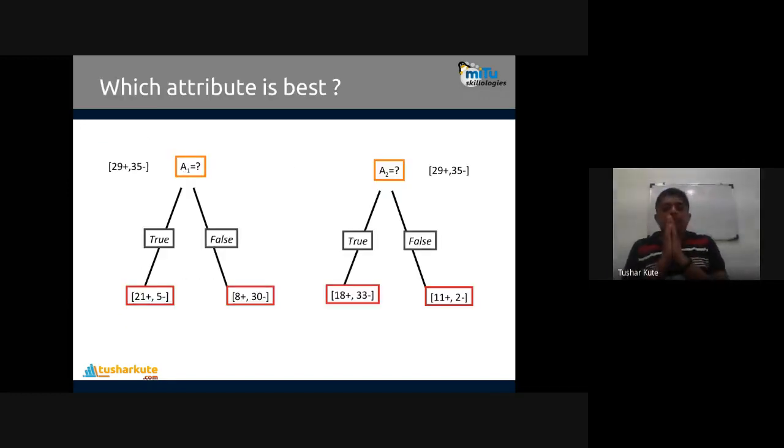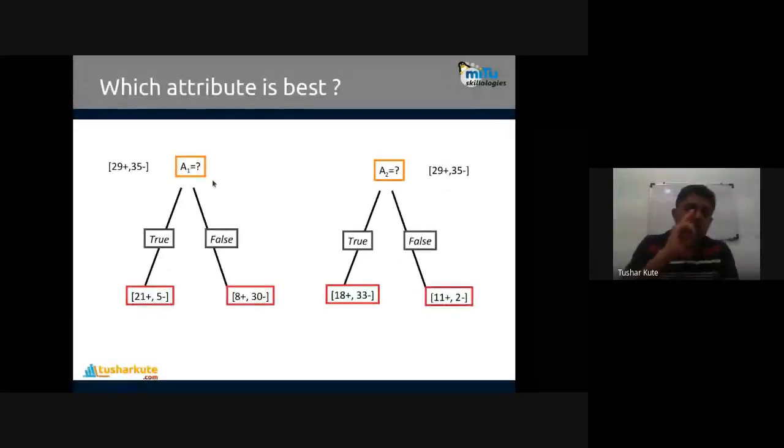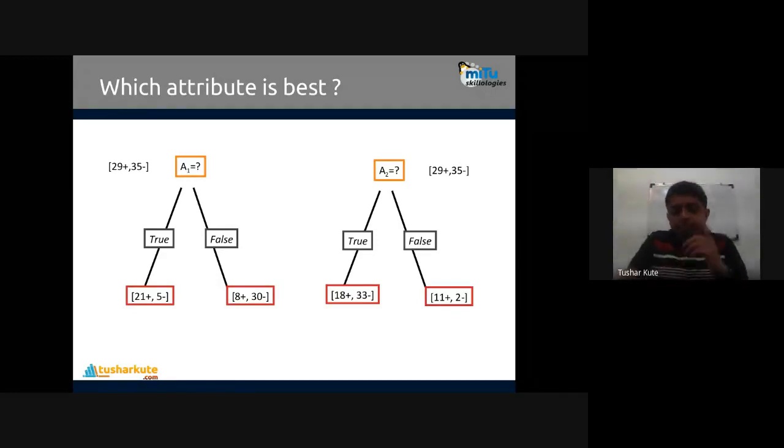Fine. Now let's take an example. How does a decision tree decide which feature to choose to split on, so that the perfect split is possible? See the example here. In this example, two features are there, A1 and A2, and I want to make a tree split. I want to choose whether I should go for A1 or A2.